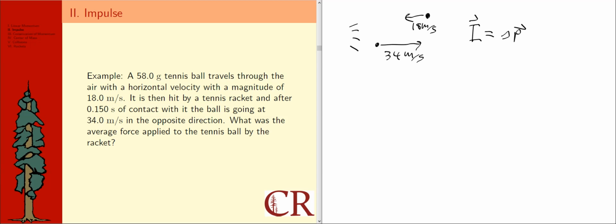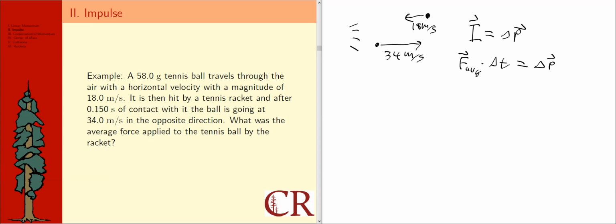Well, remember, the impulse is equal to the average force times the amount of time. So I can put that in for impulse and set that equal to the change in momentum. If I could figure out what the change in momentum is, I could figure out the average force.